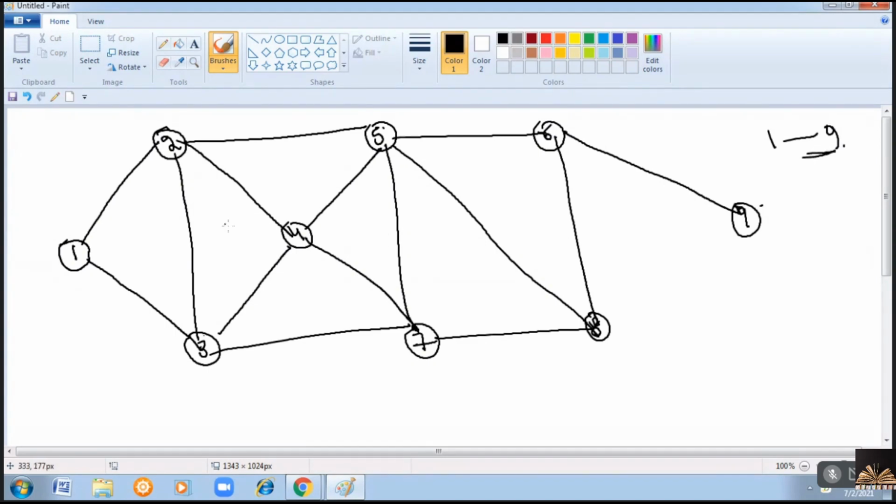Path from 1 to 9. You take this diagram.